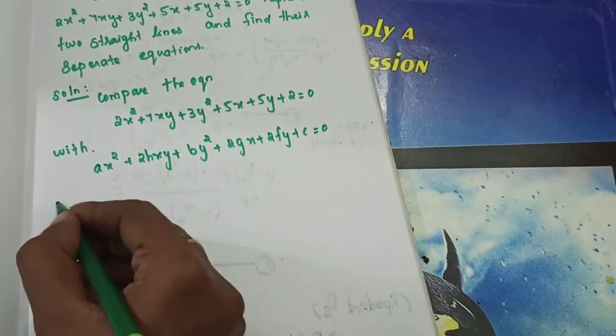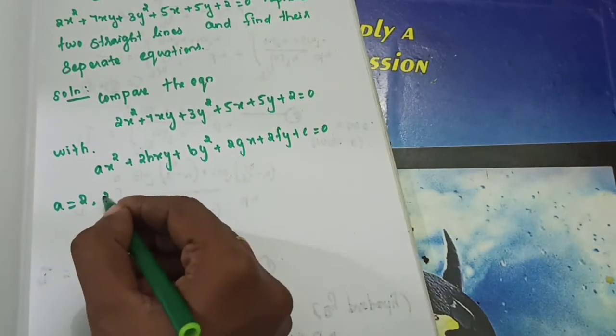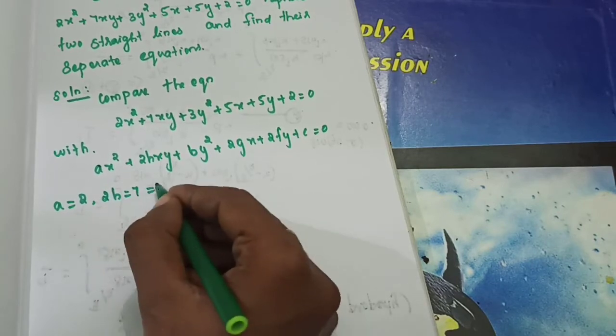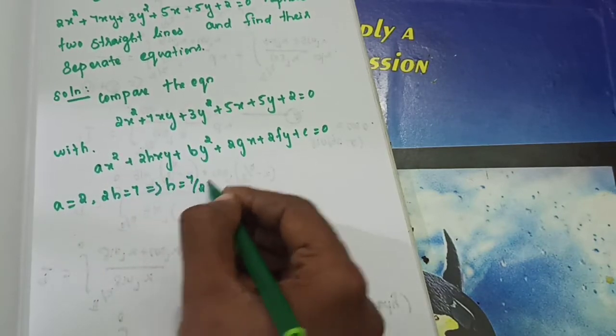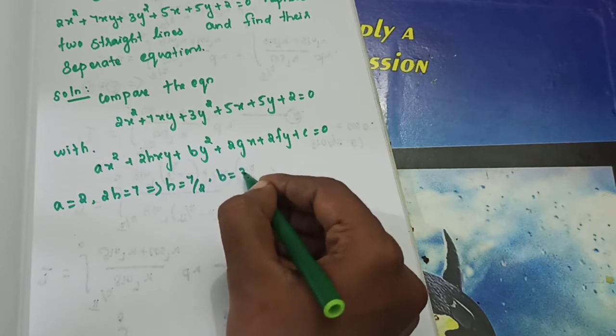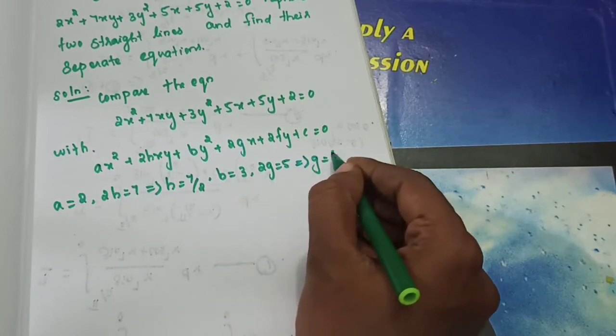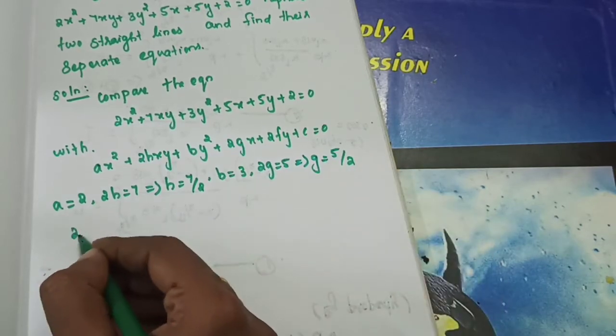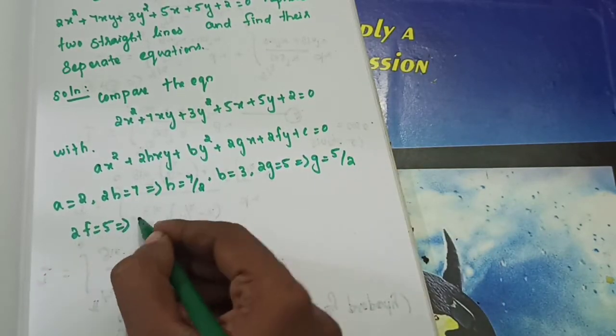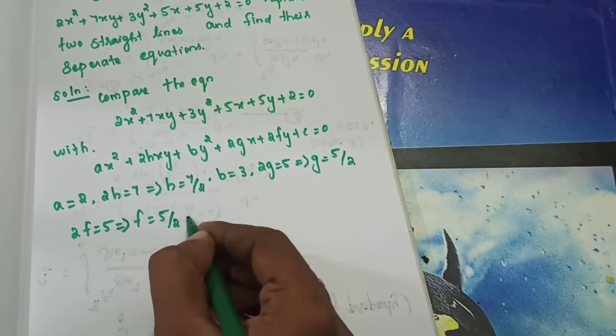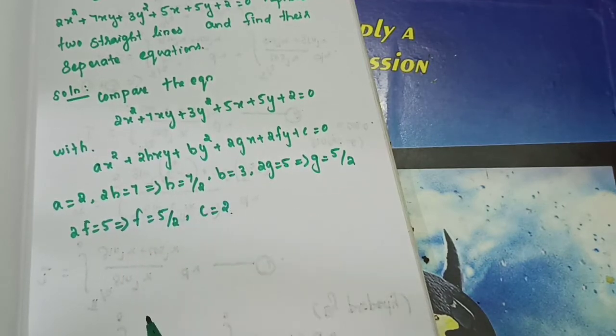Find out all the values. a equal to 2, 2h is equal to 7, from that h is equal to 7 by 2, then b equal to 3, then 2g equal to 5, from that g equal to 5 by 2, then 2f is equal to 5, from there f is equal to 5 by 2, c equal to 2. You have found out all the values.